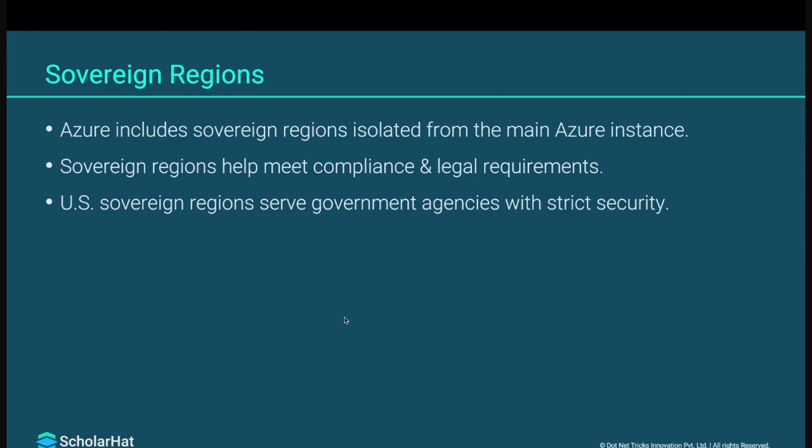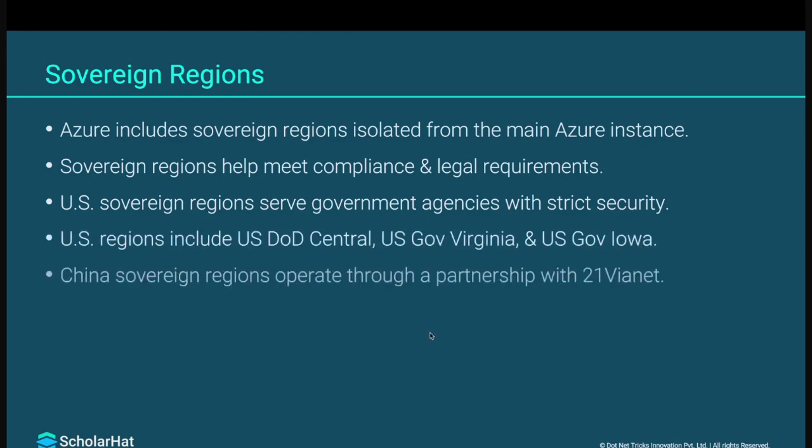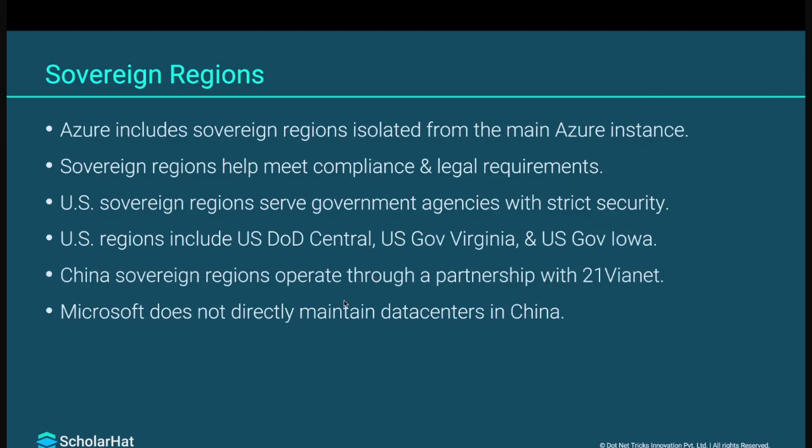These are the dedicated sovereign regions for the US government: US DoD Central, US Gov Virginia, and US Gov Iowa. Azure also has sovereign regions in China, but Microsoft does not maintain the data centers in those regions in China.